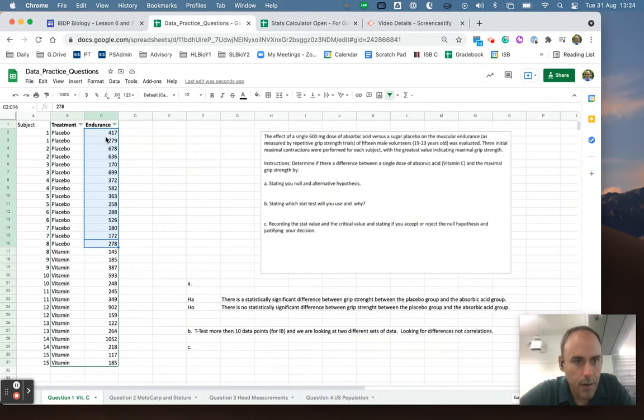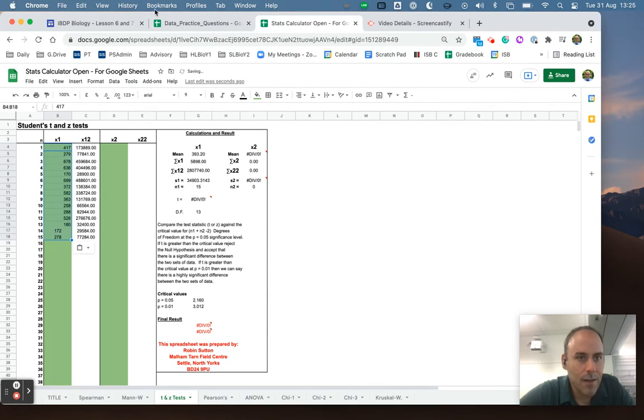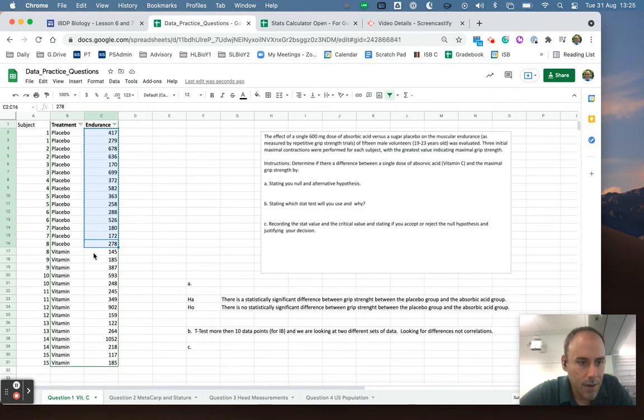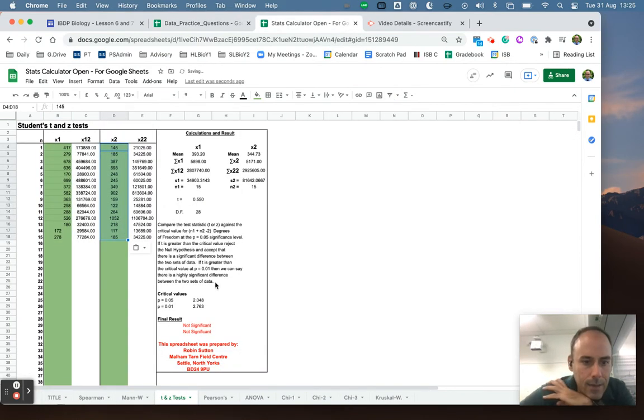Okay, copy that. I'm going to hit Command Shift V. Right there, Command Shift V. I'm going to put those values in there, and then I'm going to copy the vitamin group and put those in there also. So I'm going to put those there, and it's done all the calculations for me.